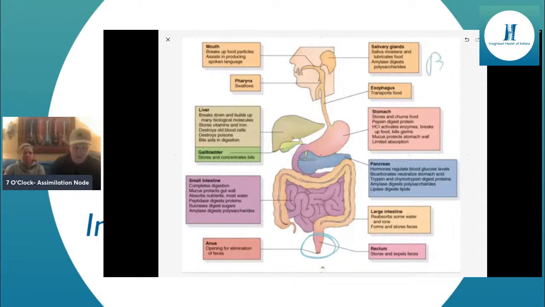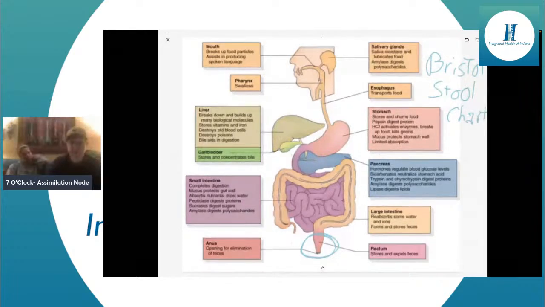You can go on the internet and look this up. There's all kinds of charts out there, but basically it's looking at your stool and telling you if you are inflamed, not inflamed, getting enough nutrients, not getting enough nutrients.